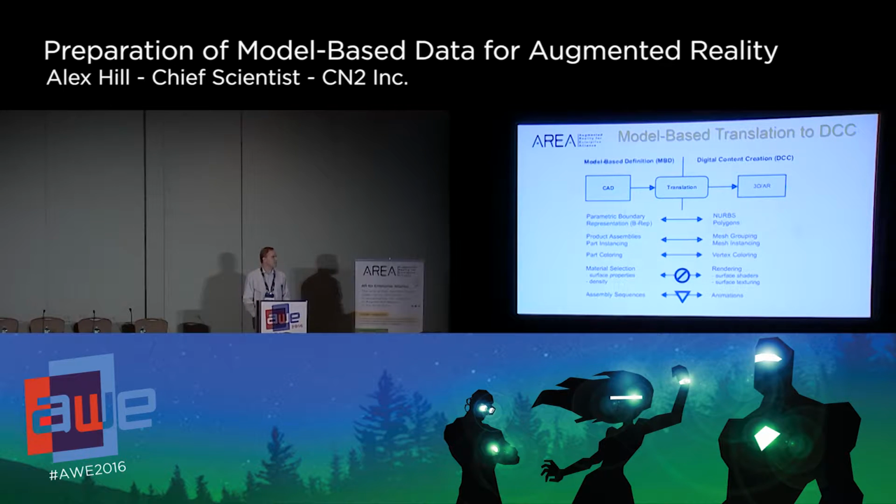Certain things like assemblies, grouping, parts, coloring, these things correlate well, but other things like materials, like what is the density and what type of material you're using, don't correlate at all with how digital content is rendered, which uses shading and surface texturing. And things like assembly sequences or animations of how to assemble things don't always translate very well. And I'll say something about that later.